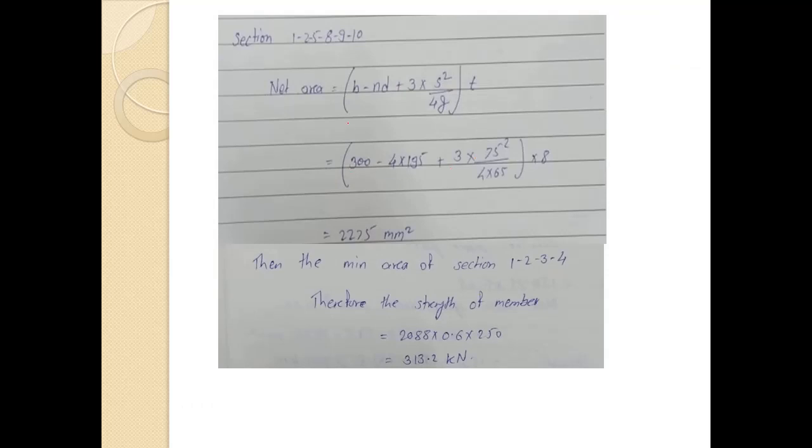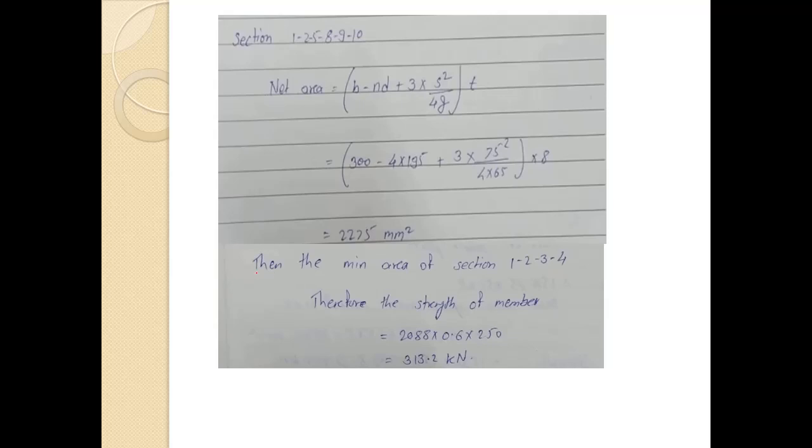Now the net area, B minus ND plus 3 into S square divided by 4G into D. So 300 minus 4 into 19.5 plus 3 into 75 square divided by 4 into 65 into 8. So that becomes 2275 mm square.